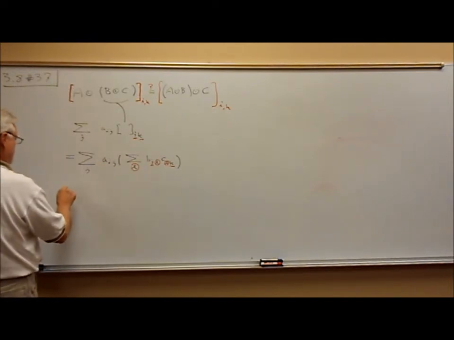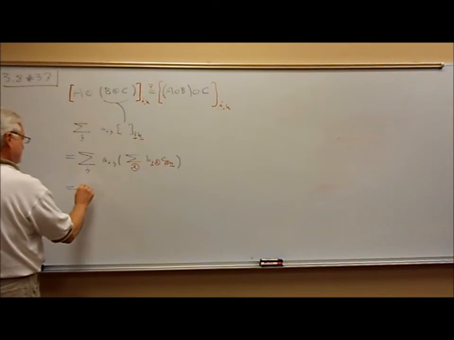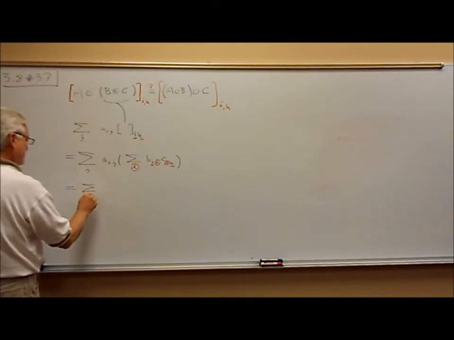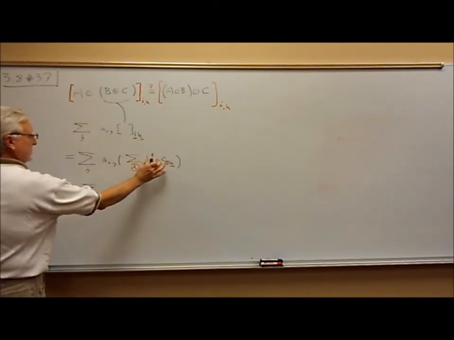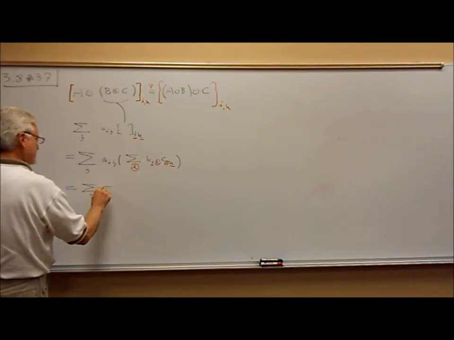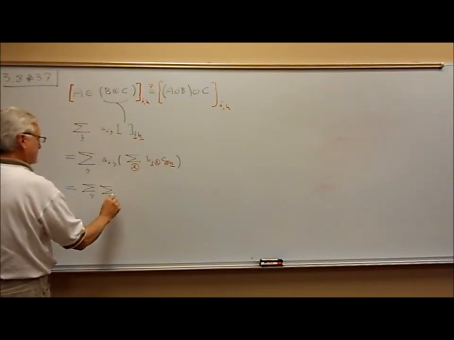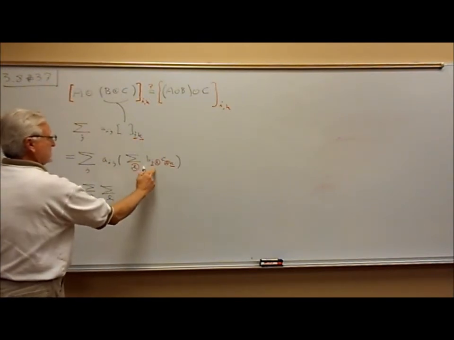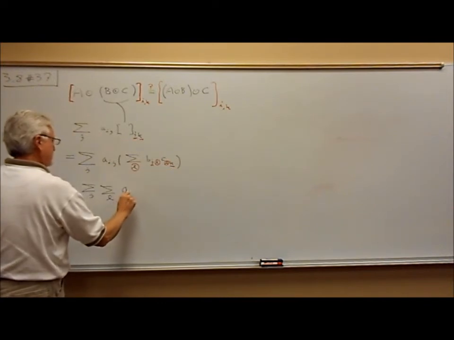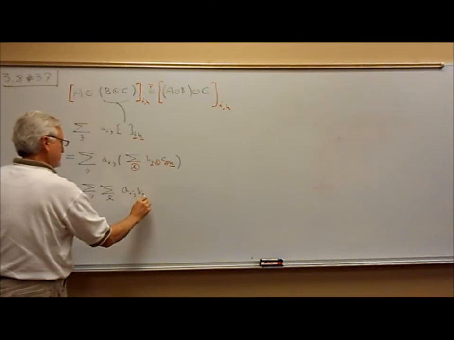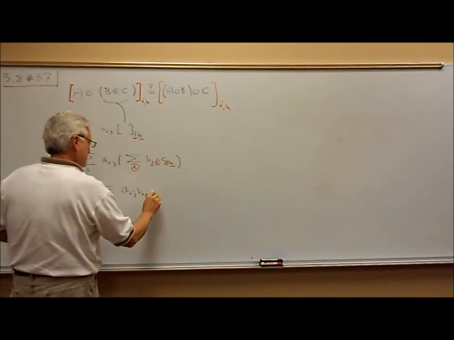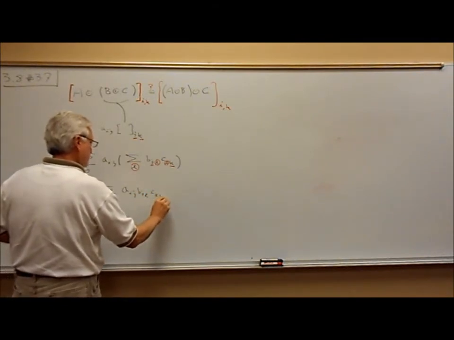And so this is just the same as taking the sum over J, multiplying the A inside, leaves us with a sum over L of this times this times this. A I J, B J L, C L K.